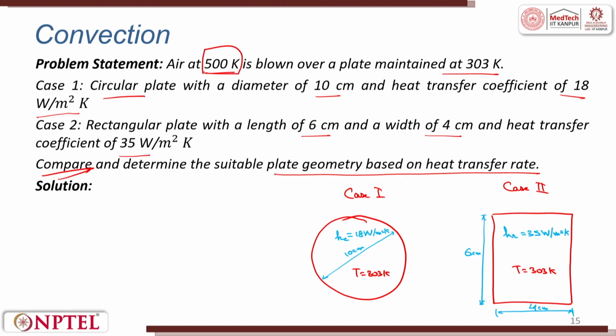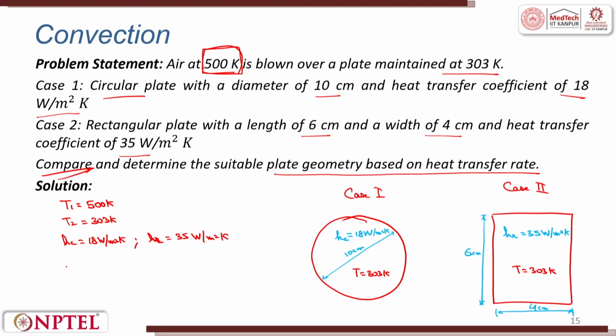Now, they say air at 500 Kelvin is blown over this plate. We have been given T1 as 500 Kelvin, T2 as 303 Kelvin, and for the circular and the rectangular plates, we have the convective coefficients, which are 18 watts per meter square Kelvin and 35 watts per meter square Kelvin.